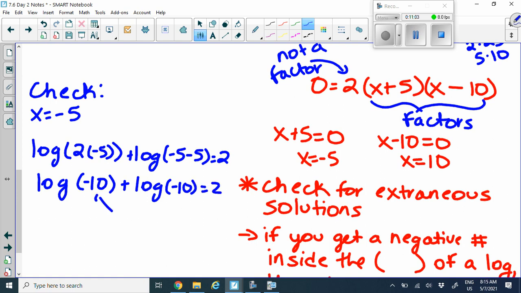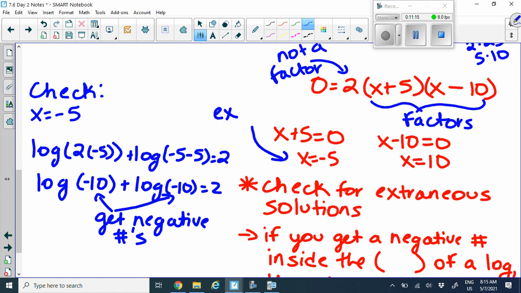Oh, we get negative numbers. So that means x equals -5, that is extraneous, because when we evaluate it in our original equation, we get negative numbers. So that doesn't work.